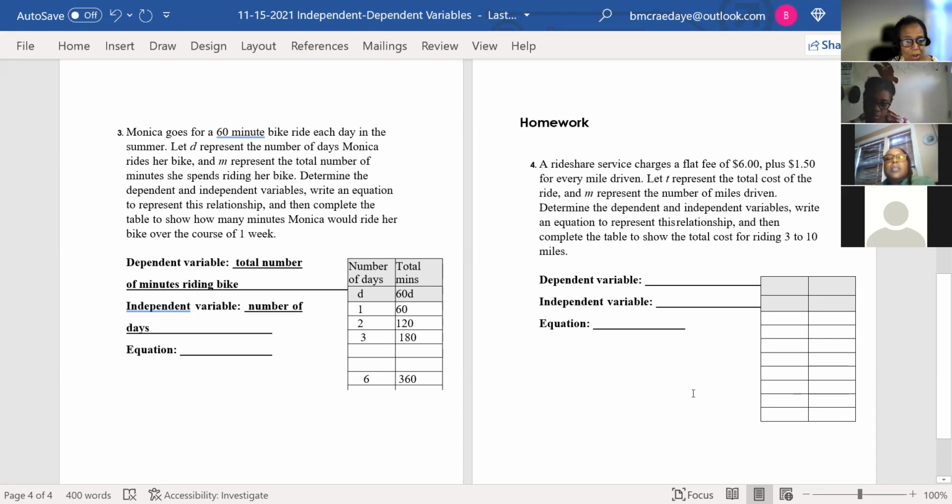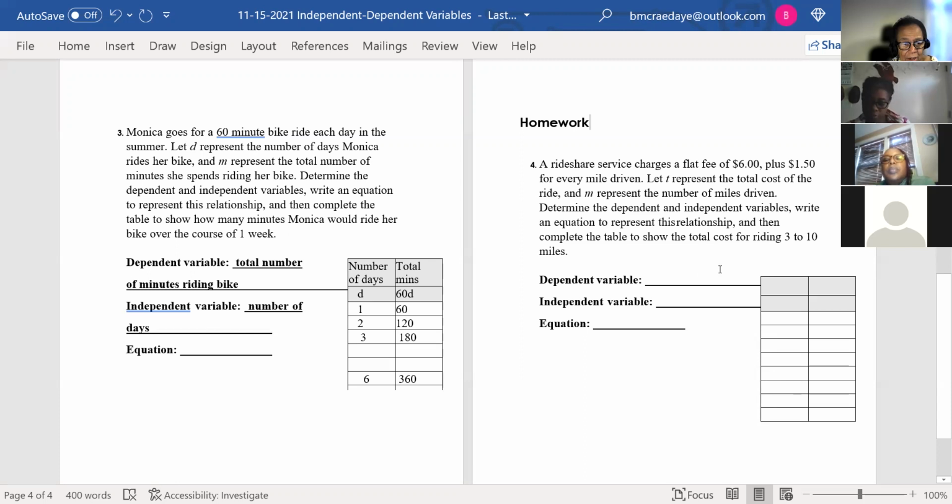So this is your homework. Finish the table just like we put here the headings. So you're going to put the headings, what they're represented by. You're going to use T for your total cost, and M for your miles driven. That's going to be part of your table.